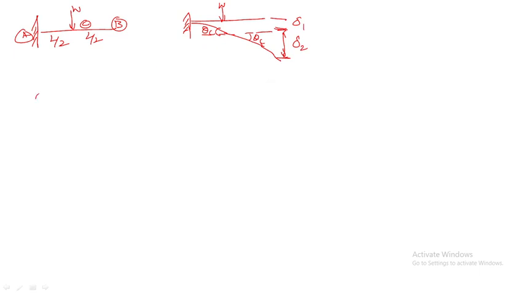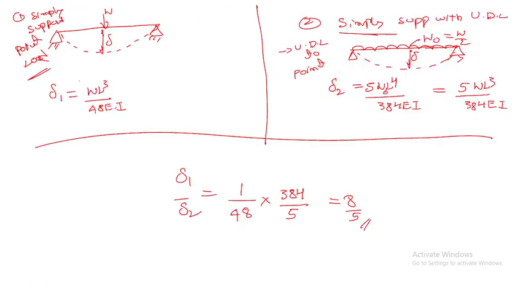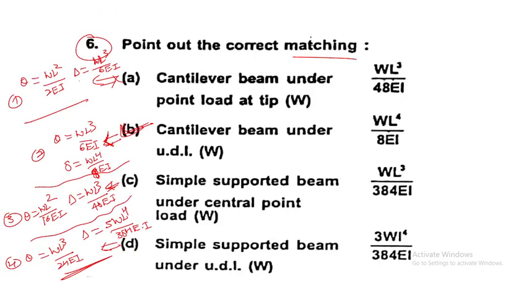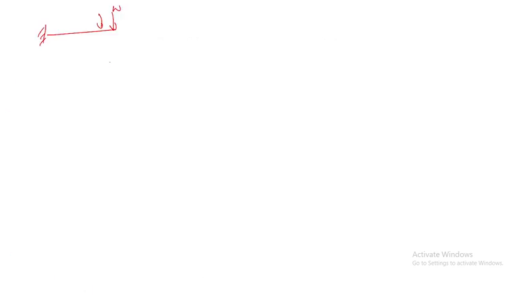So now we have two different deltas. Let me write delta 1. What is the actual formula of this one? We already know the deflection of a cantilever beam having concentrated load at the tip, this one you know, right? We have done this question already. This is the deflection value, WL cube by 3 EI.